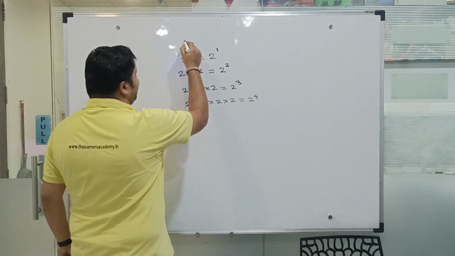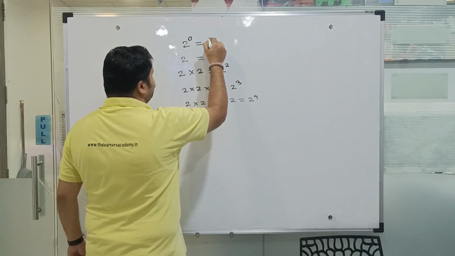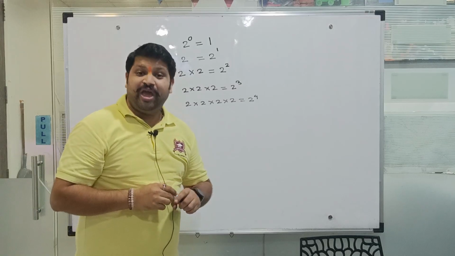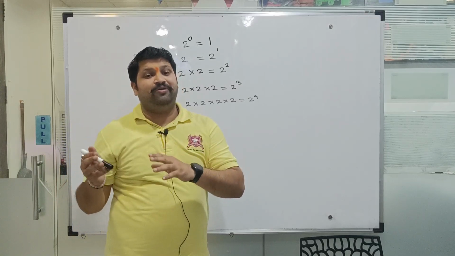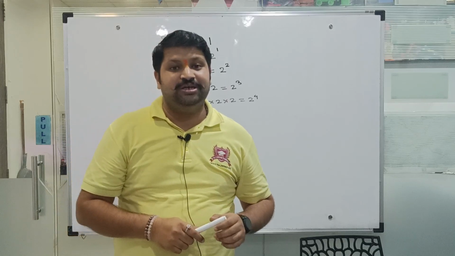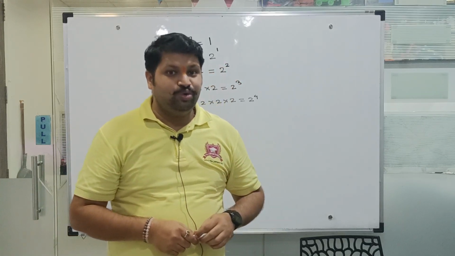So if I have 2 to the power of 0, it would be equal to 1. Okay, so any number to the power of 0, or if the exponent of any number is equal to 0, then it would be equal to 1.